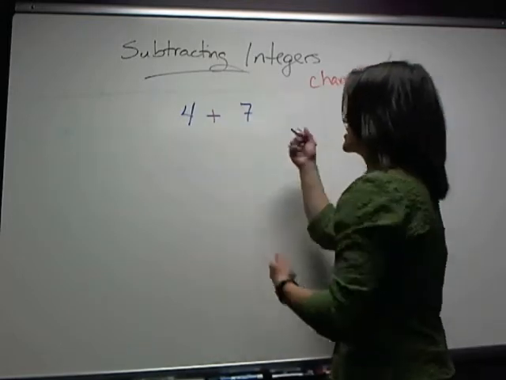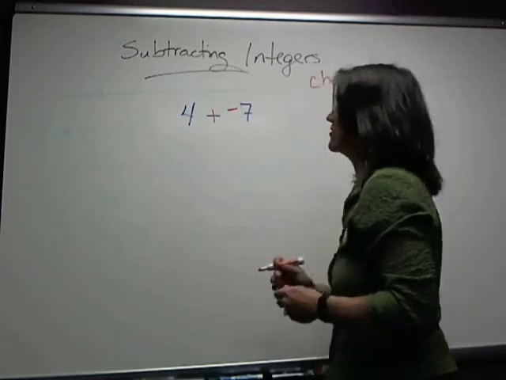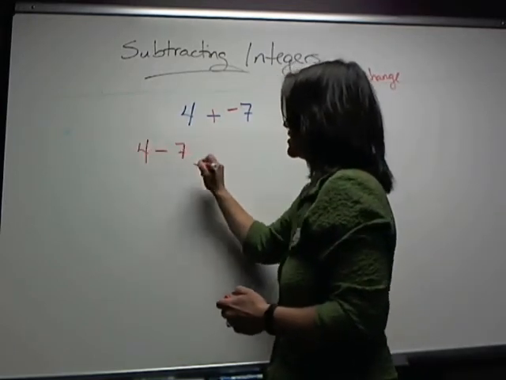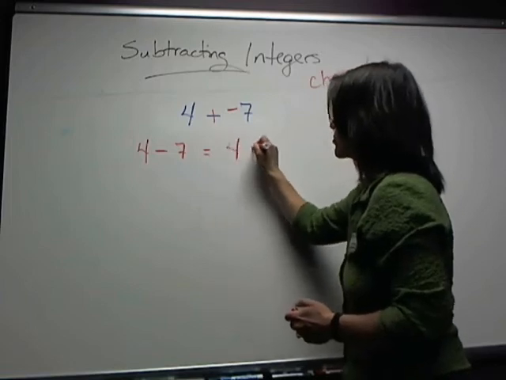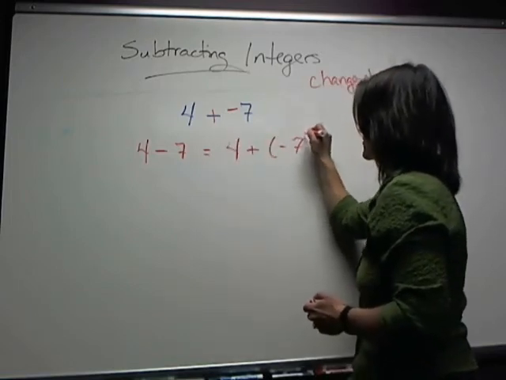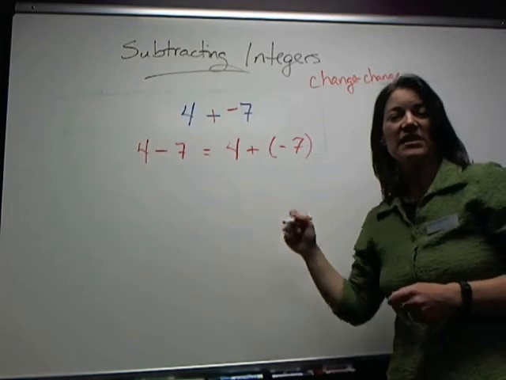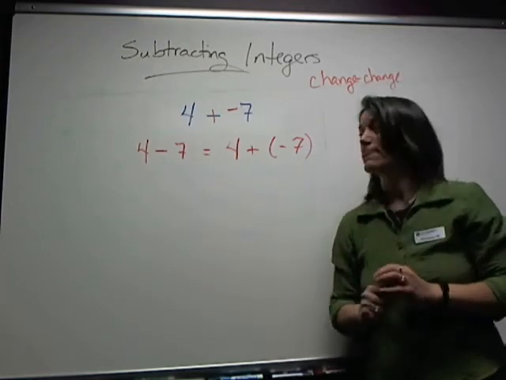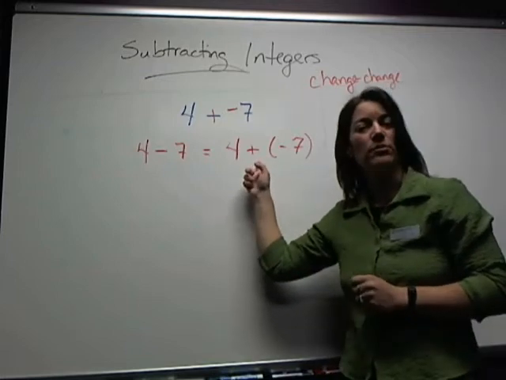So the 7 is positive here, so I'm going to change it to a negative. So 4 minus 7 is now written as 4 plus a negative 7. Now I like to put the negative 7 in parentheses so that I don't lose that negative sign. And now I have an addition problem.